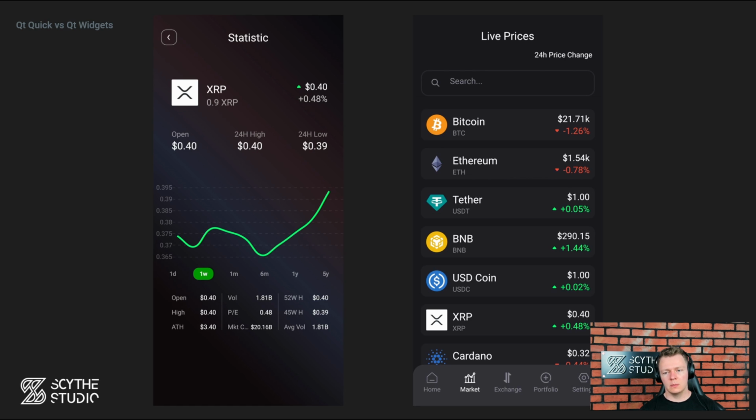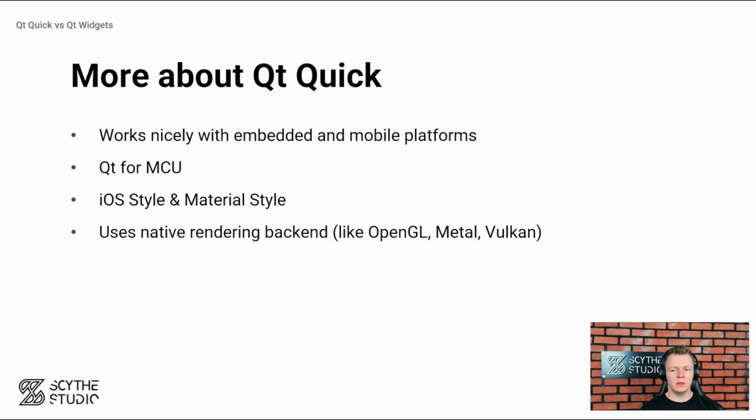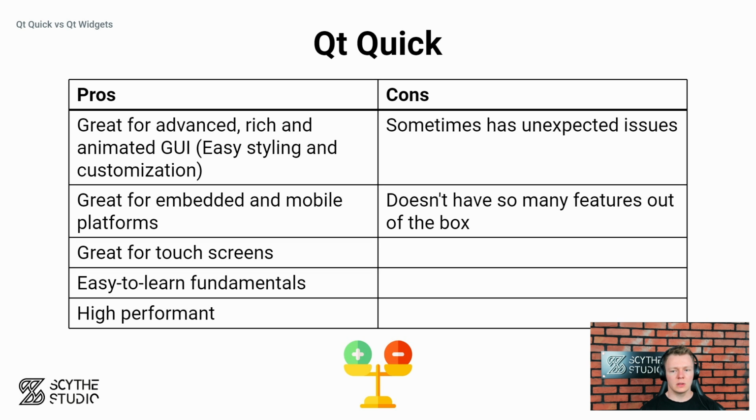Unlike Qt widgets, Qt Quick uses native rendering like OpenGL, Metal, Vulkan to render UI, which has some benefits and limitations at the same time. So, summarizing, Qt Quick is great if you have a modern project with custom UI and many animations. It's also great for embedded and mobile platforms and touchscreen devices, and it's also easy to learn. Also, in many cases, it's fast.